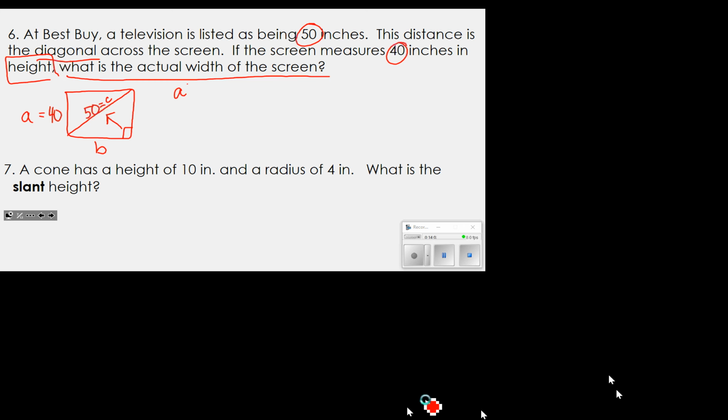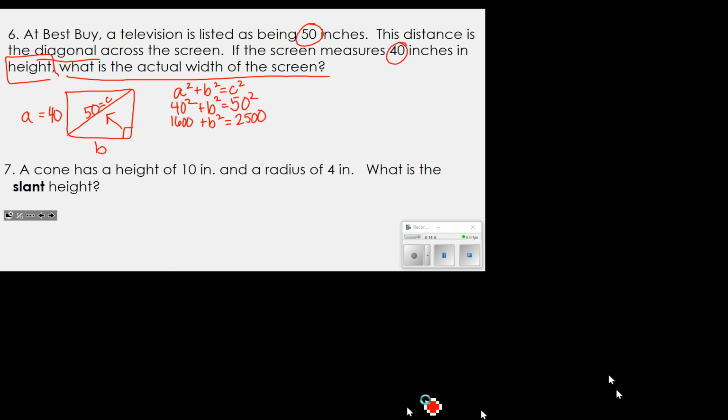So we have A squared plus B squared equals C squared again. And we have 40 squared plus B squared equals 50 squared, because we were given C. So now we can do the multiplication. 40 squared, 40 times 40 is 1600, plus B squared, 50 times 50 is 2500.